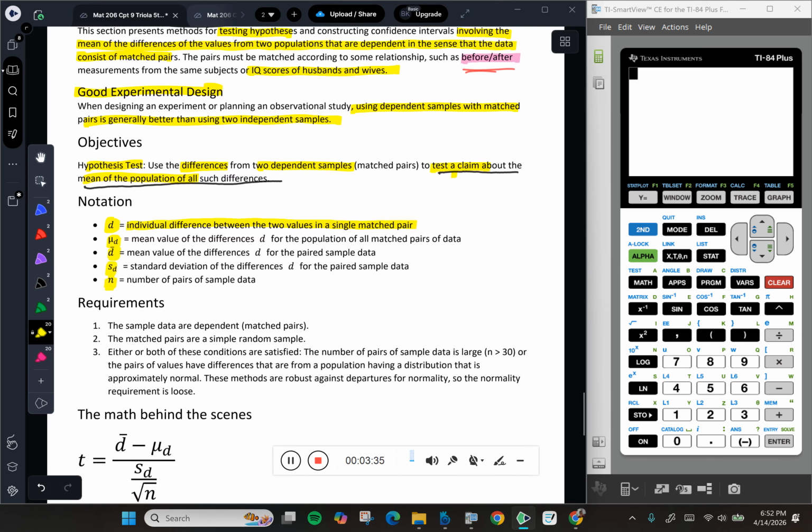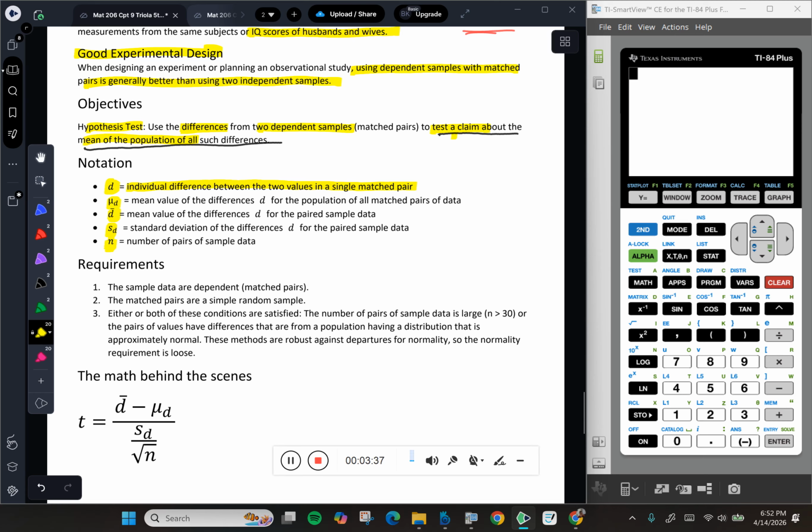Okay. Our requirements are that our data sets must be dependent, that is matched pairs. By requirement, if they are matched pairs, the sample size here is only one thing. There's no data set 1 has 20 and data set 2 has 30, because if they're matched up, if there's 20 in the first, there's 20 in the second. Of course, simple random sample is always in here.